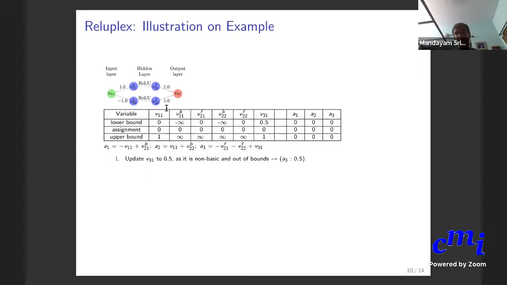So, as I told you at the beginning, that updates the input variable V31 to its lower bound, and that makes A3, which is dependent on V11, go out of bounds.